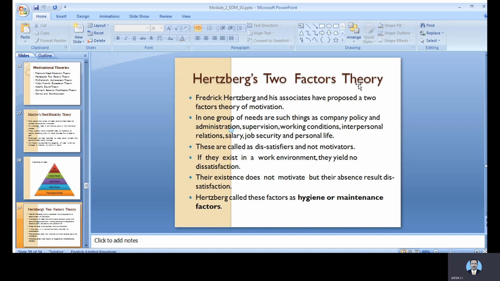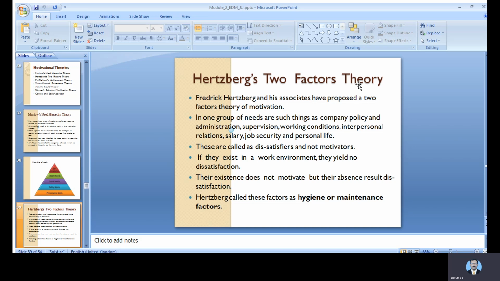One group of needs includes things such as company policies and administration, supervision, work conditions, interpersonal relations, salary and job. These factors can motivate the person working, but they have an equal share in demotivation as well. These are called dissatisfiers or non-motivators, and if they exist in the work environment, they lead to dissatisfaction.